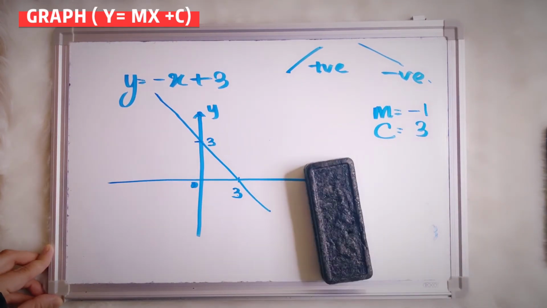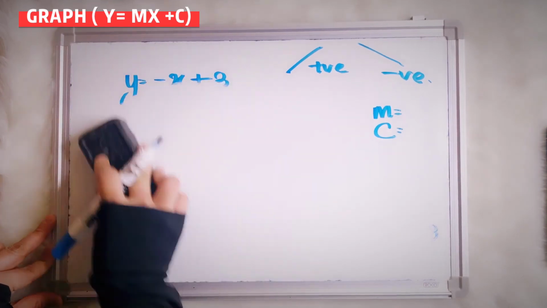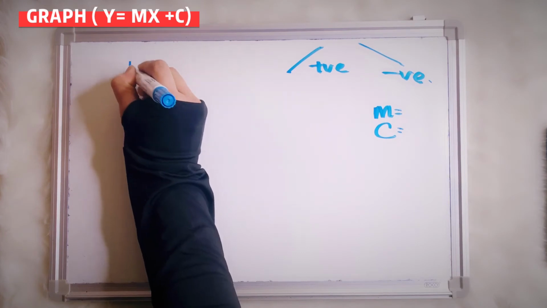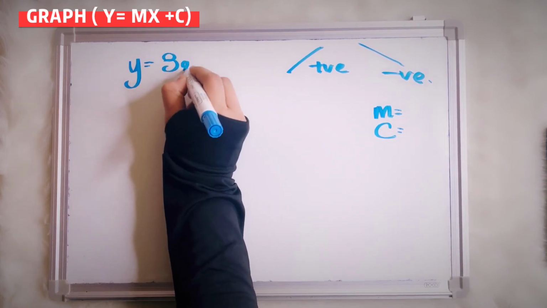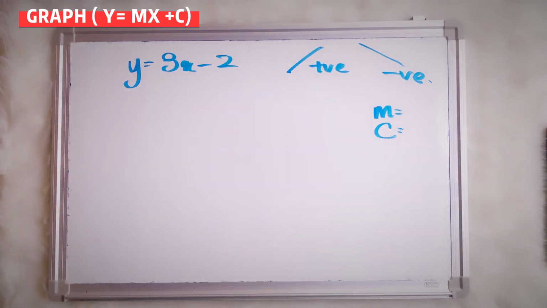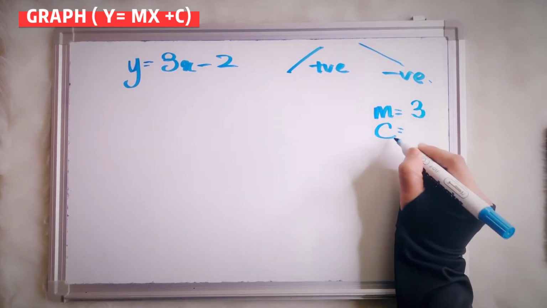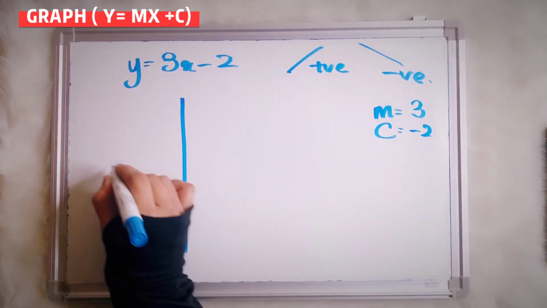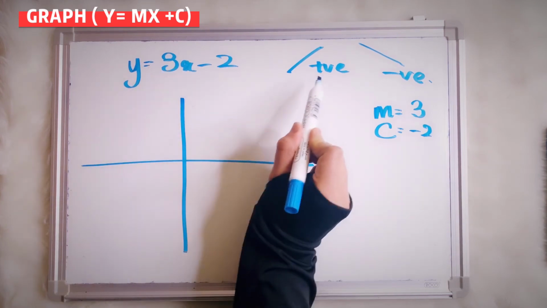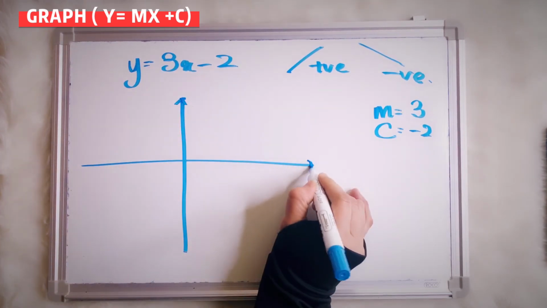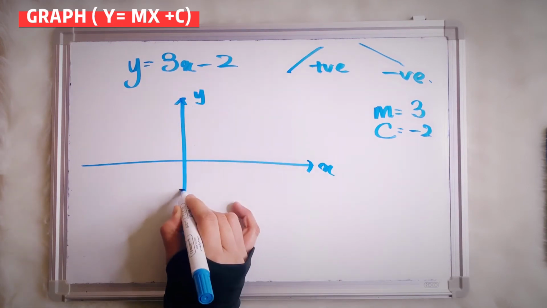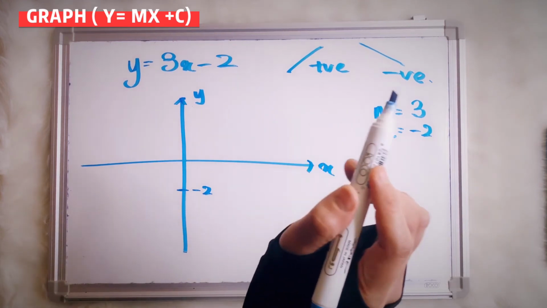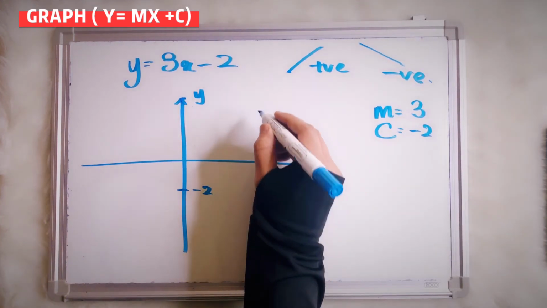Now next one. Let's say the equation is y equals 3x minus 2. In front of x is 3, so your gradient is 3. Your c is negative 2. There is no negative sign here, so our graph is positive. This is x and this is y. Our negative 2 is here, the y-intercept. So basically your graph will be like this.